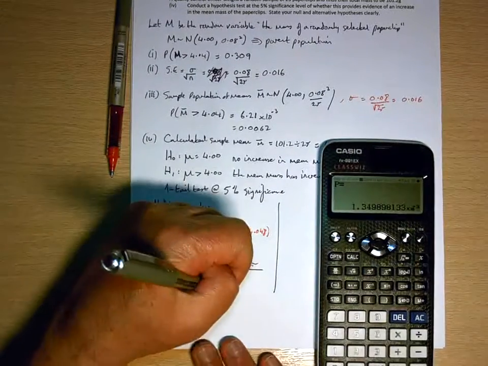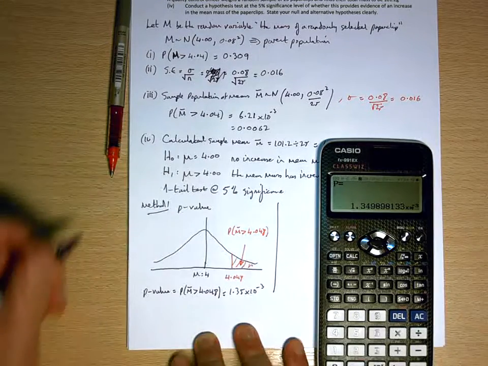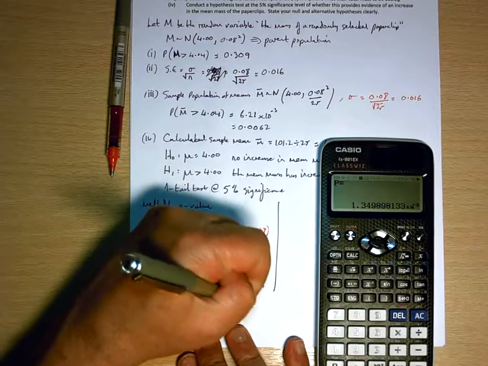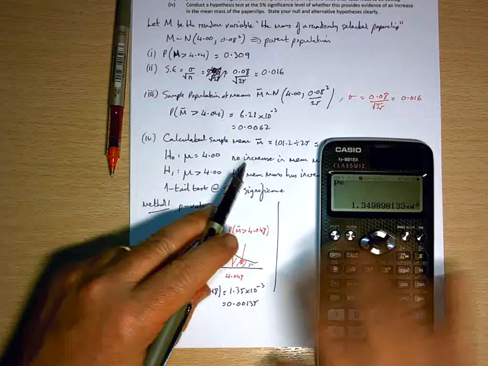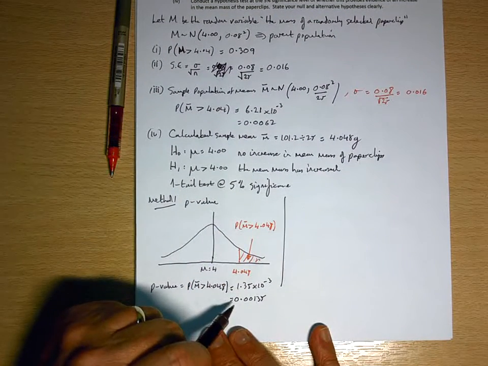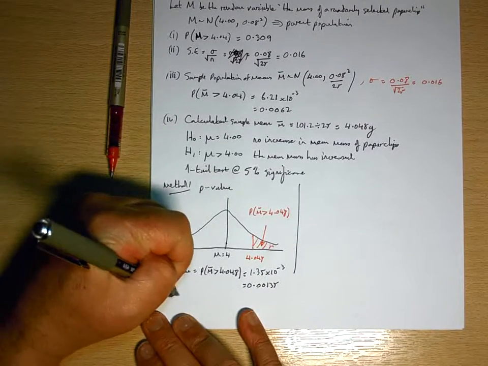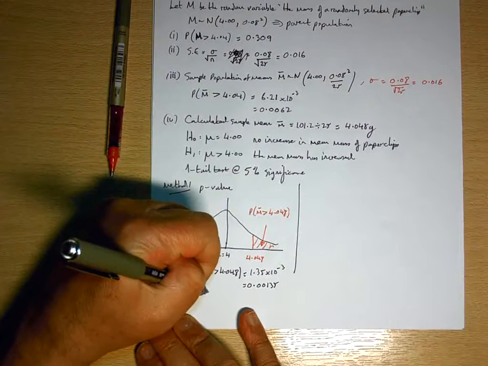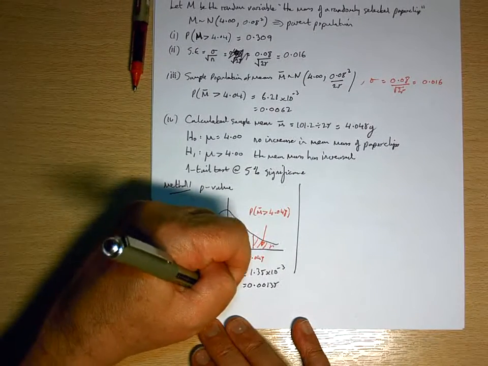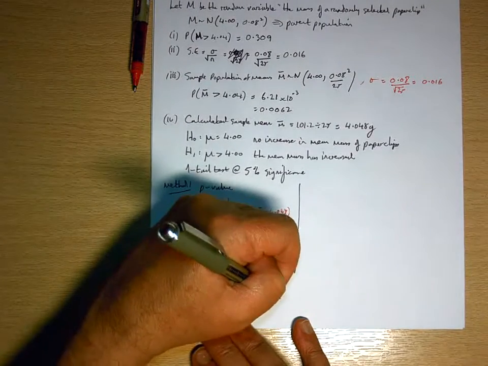So I've got 1.35 times 10 to the minus 3, which is 0.00135. I'm only testing this at 5%, so that's clearly within that 5% tolerance. So hence H0 rejected.